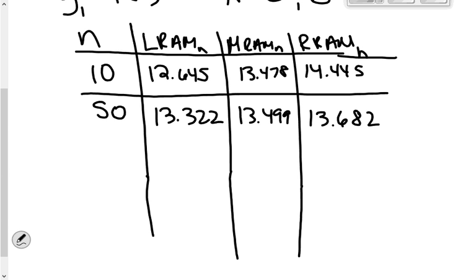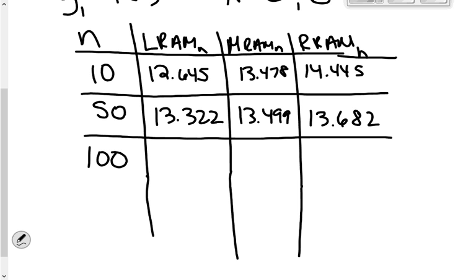Okay, is that what everybody got? Okay, so they're getting closer. They don't even agree to the tenth place though. So let's try something even bigger. Let's try n equals 100, 100 subintervals.